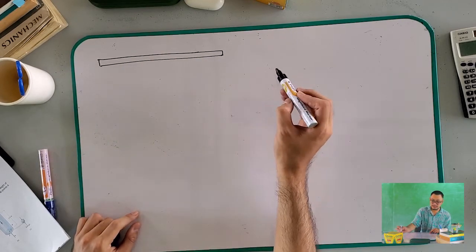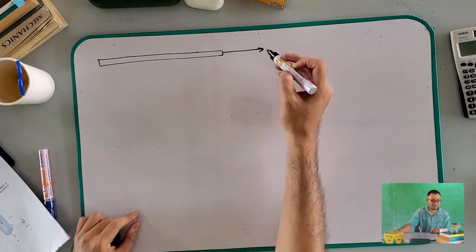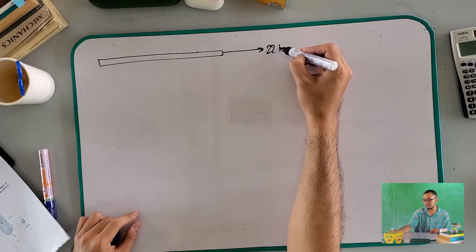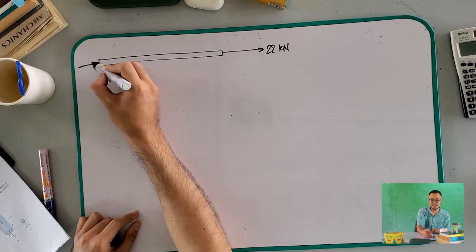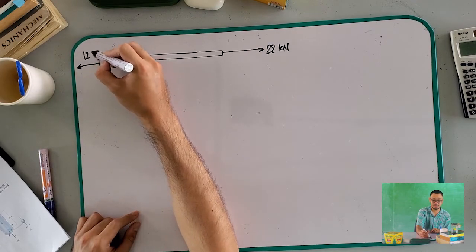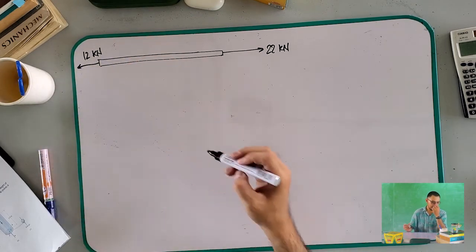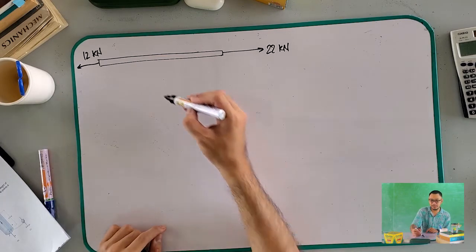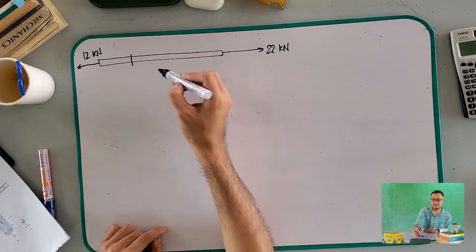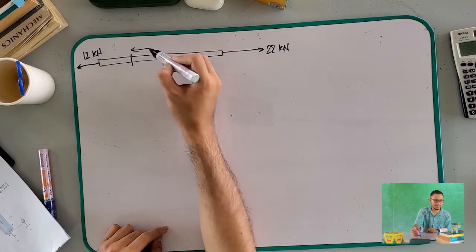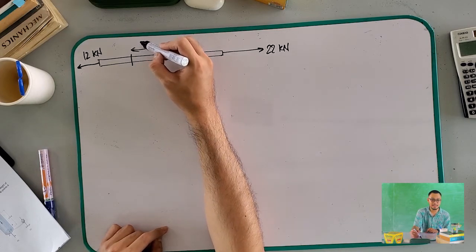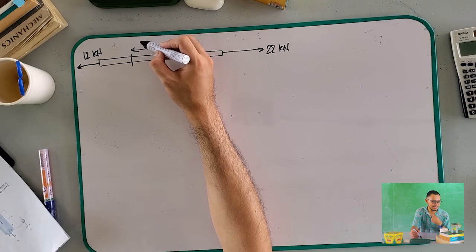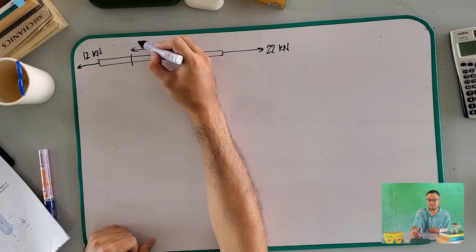And at one end it is 22 kilonewtons. On the other end it is 12 kilonewtons. Okay? And at point B, what is exerted is 18 kilonewtons, we just add the two since the distance doesn't matter.